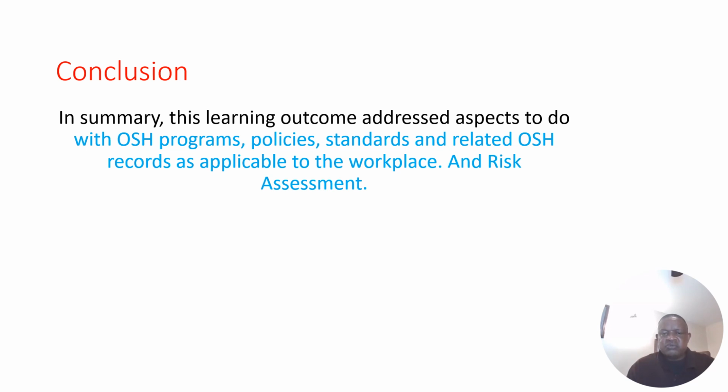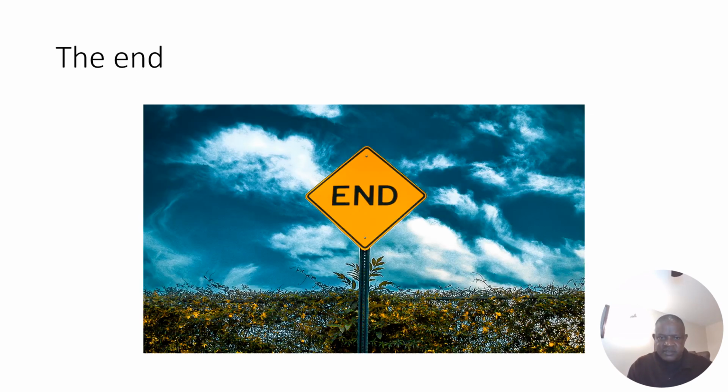If I ask you tomorrow, detail the steps in risk assessment or in job hazard analysis, then you must start with number one, involve employees. Number two, you have to follow them until you reach the last stage. So those stages are very important for you to understand. They are relevant to job hazard analysis and also risk assessment.